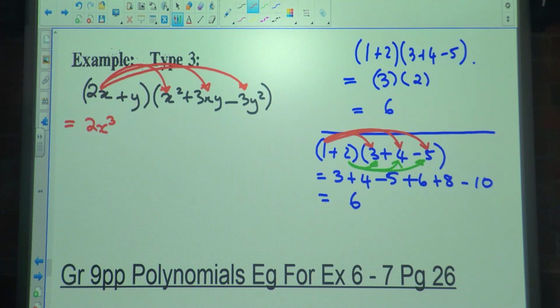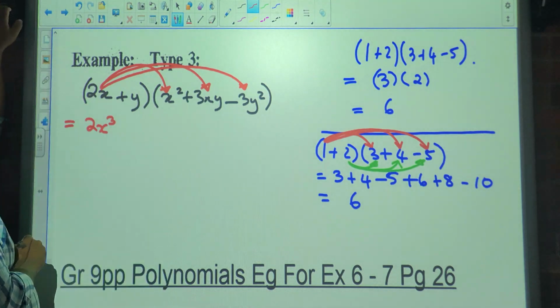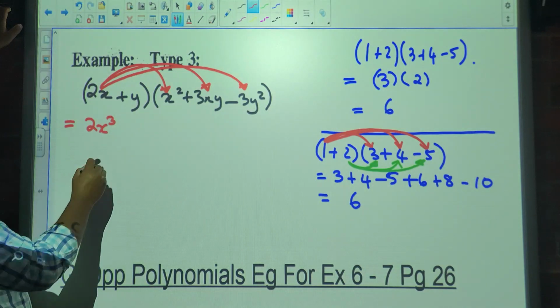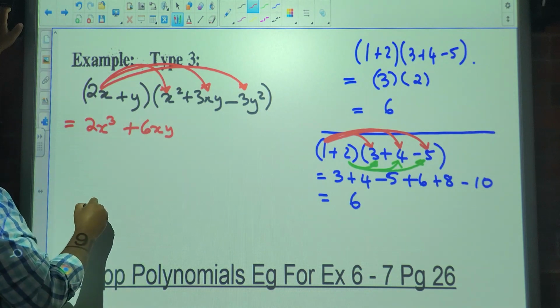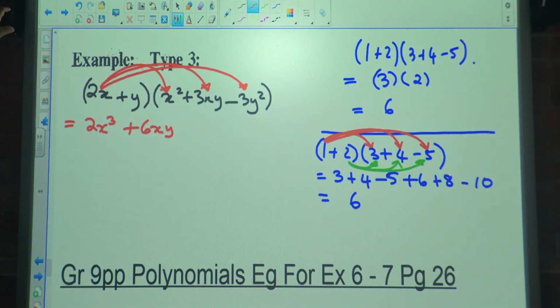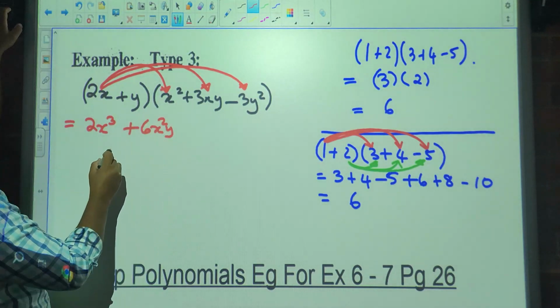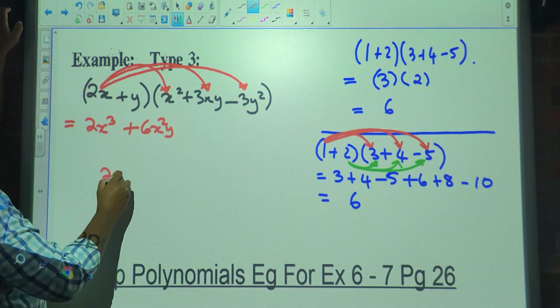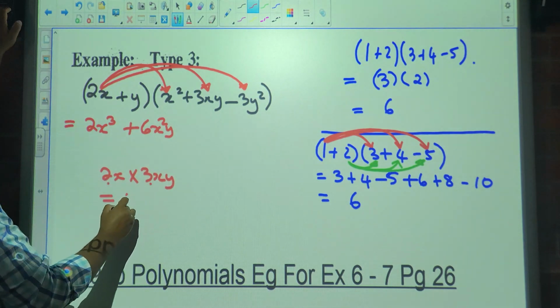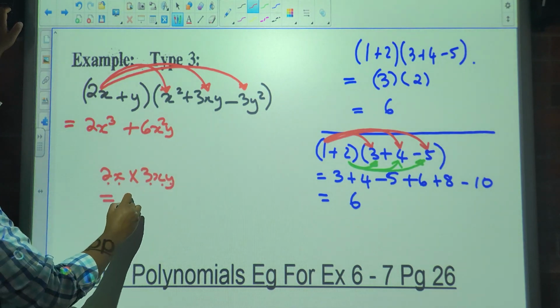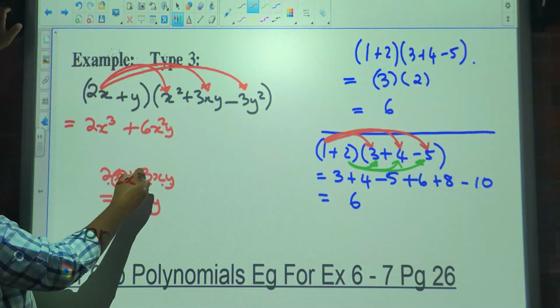Okay? So the next one, what is 2x multiplied by 3xy? Positive 6x squared y. You all agree with that? Because remember, it's 2x multiplied by 3xy. 2 multiplied by 3, of course, is 6. X multiplied by x is going to be x squared. There are two x's.